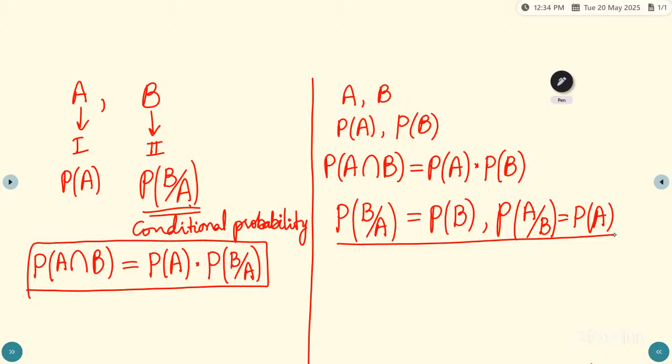Okay. Now I'm going to generalize this for n number of events. A1, A2, so on, An.